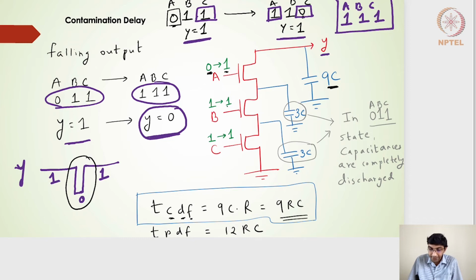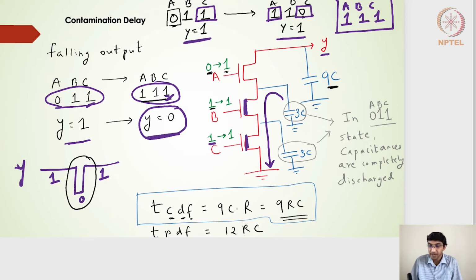B was earlier 1, and now also it is 1 in this particular intermediate state of 1, 1, 1. So this 3C capacitance, earlier when B was 1, would have completely discharged. C was also 1. In this case, C is 1 here, and C is 1 here, right? So C was earlier 1. The channel was formed in this particular C transistor, and thereby this particular channel is also formed.